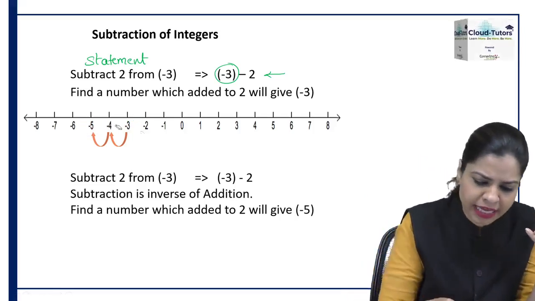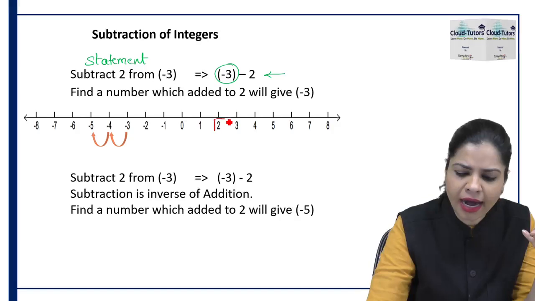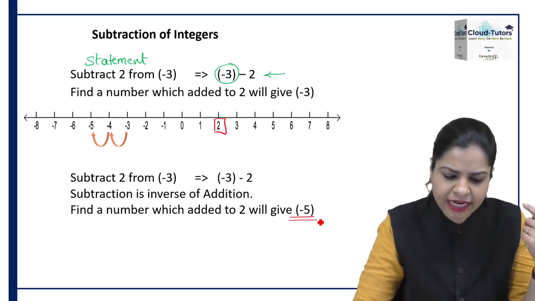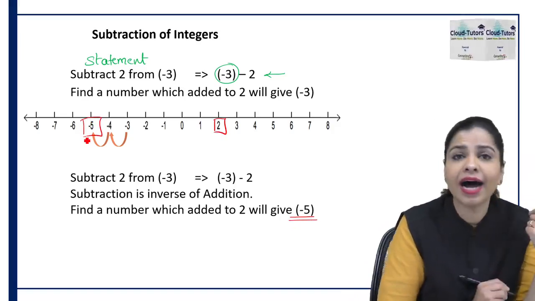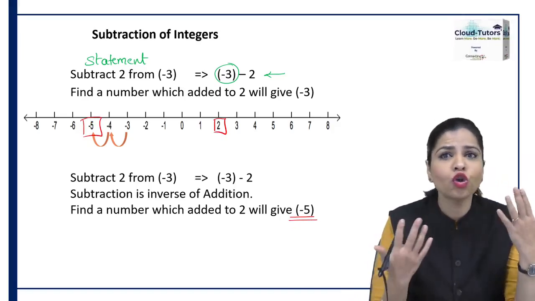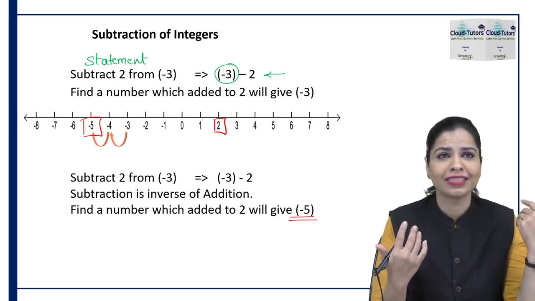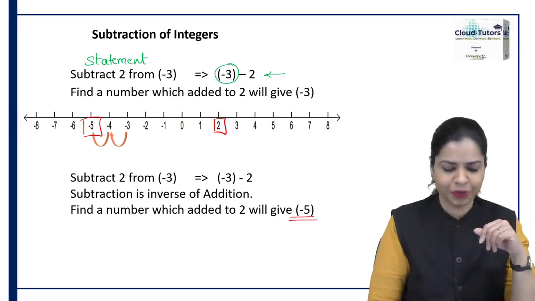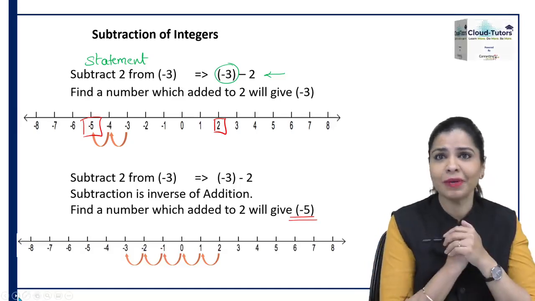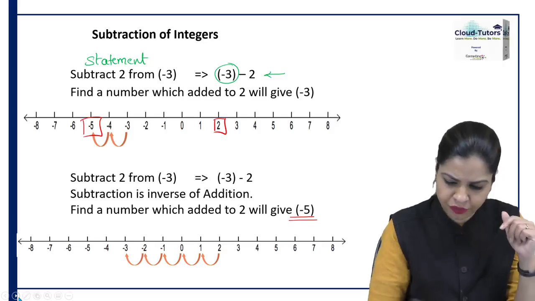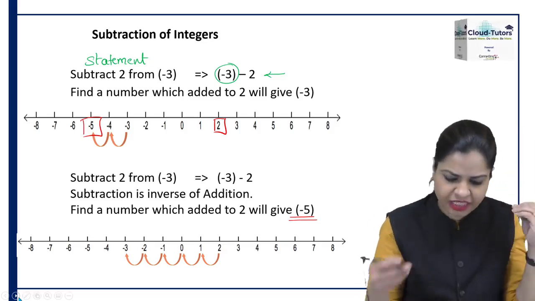So if I use the same number line, you are at the point 2, but you need negative 5 as an answer. So how many numbers do you need to add? Or should I say you need to subtract? Let's have another number line and see how many places I need to move. Starting from 2, it will give me negative 5.